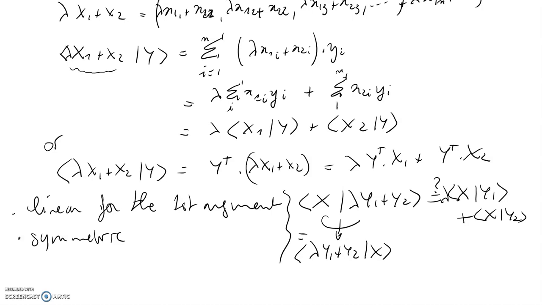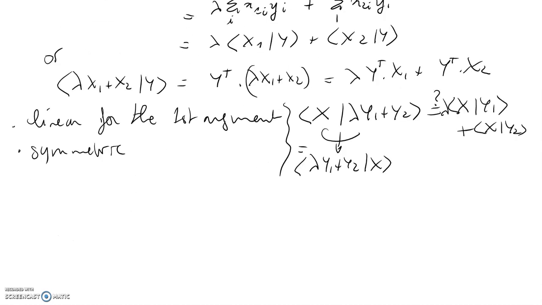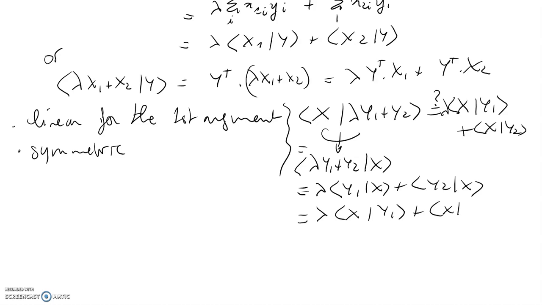And then I can use the linearity for the first argument, which I already proved, so that would be lambda <y1, x> plus <y2, x>, and then use symmetry again by saying it's lambda <x, y1> plus <x, y2>, and that's it, it's proved. All right, so I've got linearity on one of the arguments plus symmetry. It means that it's bilinear and symmetric, of course.